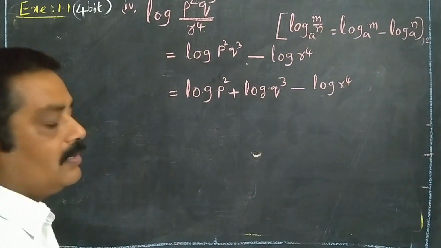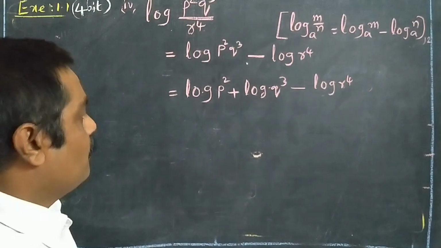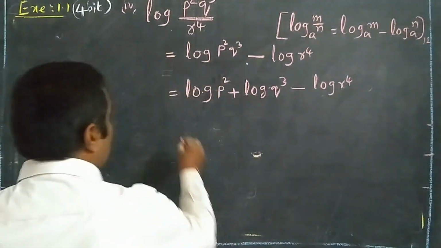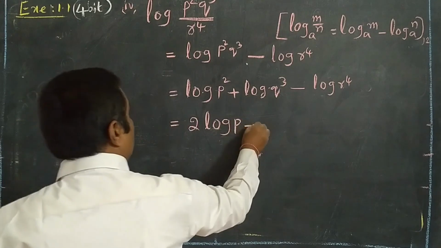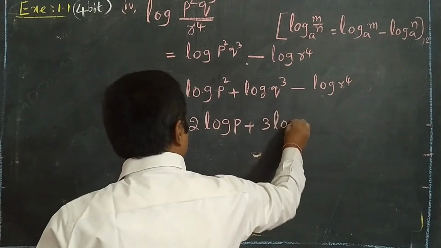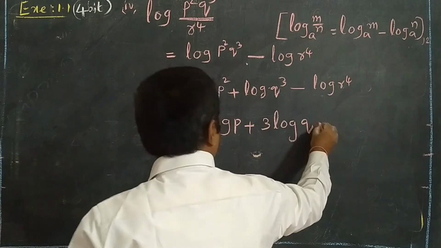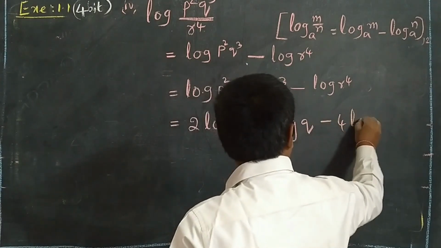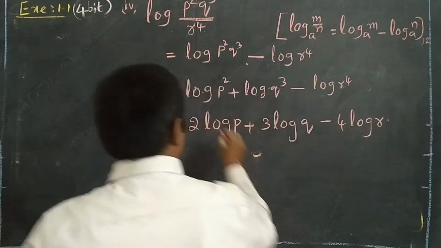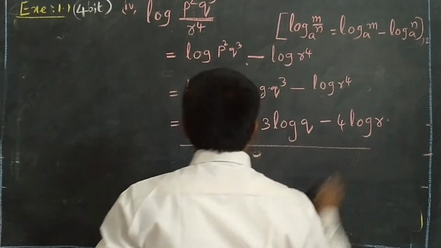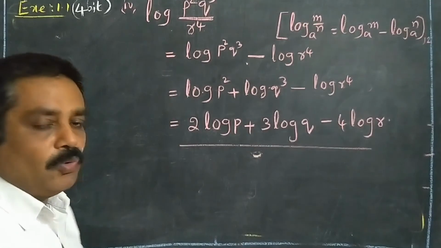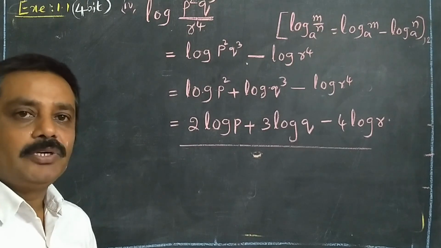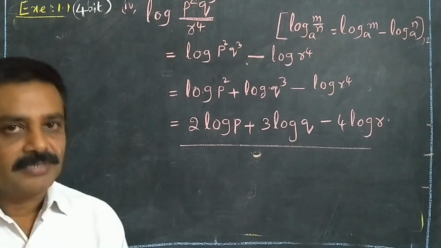Now use the power rule. According to the power rule you have to write 2 log p plus 3 log q minus 4 log r. This is the fourth bit questions. Here try to do all this: first bit, second bit, third bit, fourth bit. Good children, have a nice day.